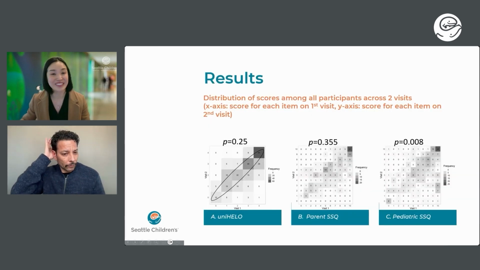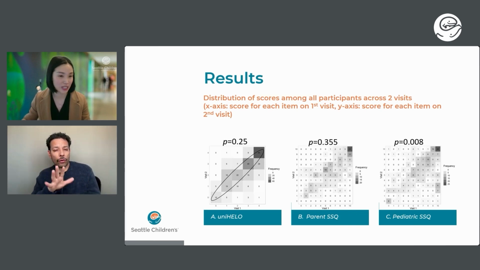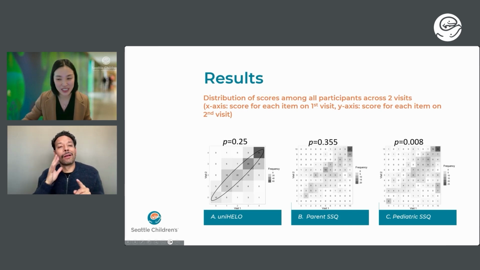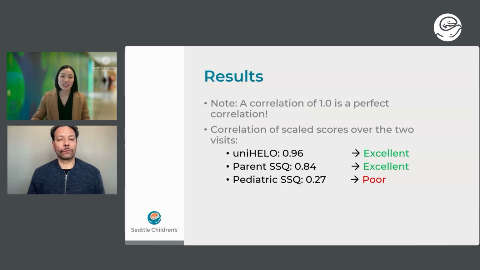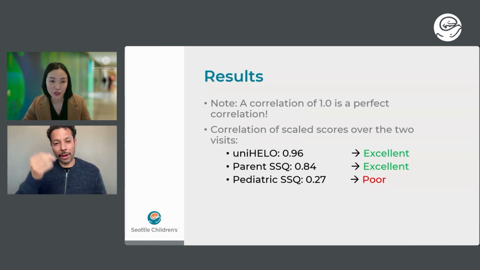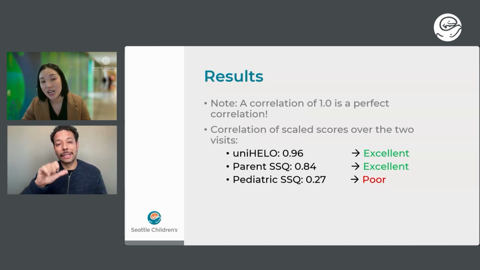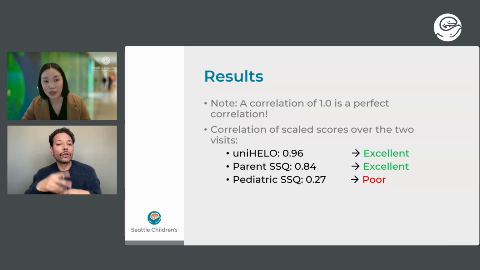This is a very technical slide that talks about the results of the study that we decided to leave in for reference for those of you who like that technical part of research. But I'm going to breeze through this and go to the next slide because it's a little bit easier to understand. So in comparing the Unihilo parent and pediatric SSQ, we were looking at the correlation of scaled scores over 2 visits to look at the reliability of the instrument.